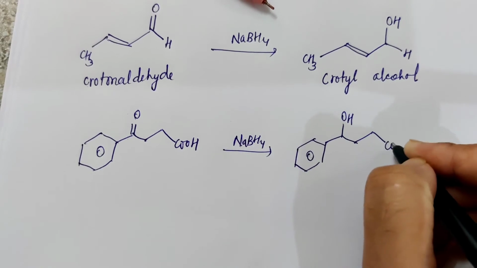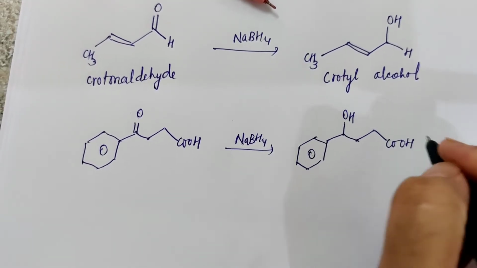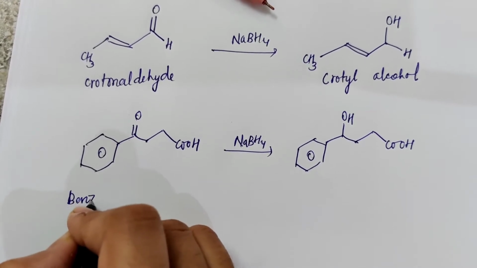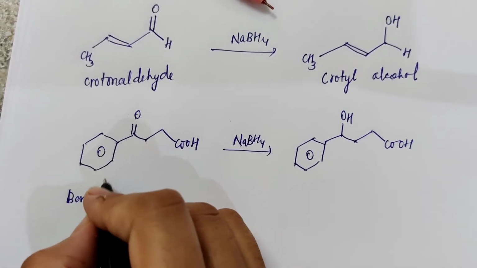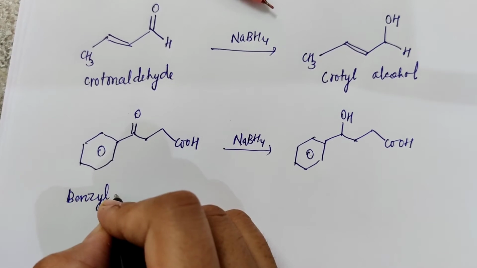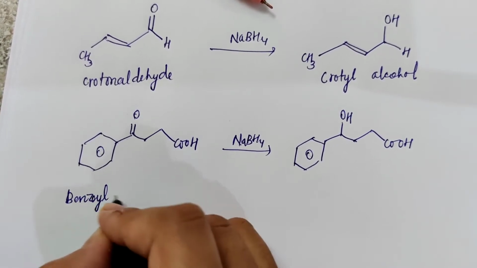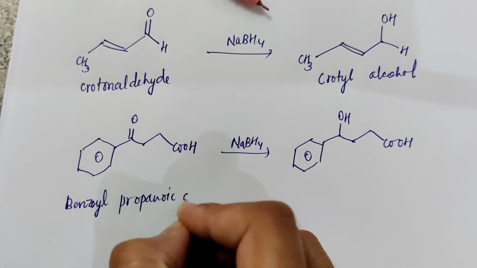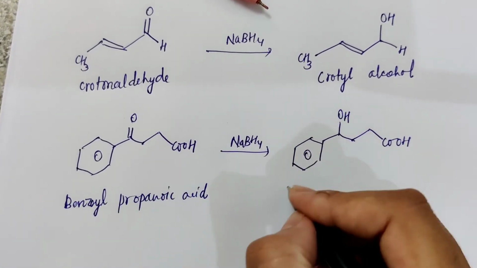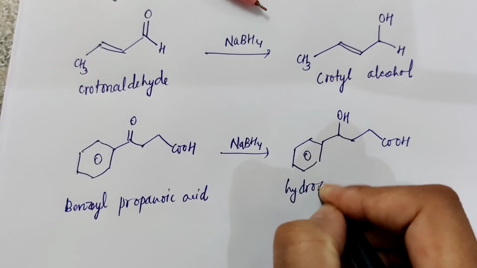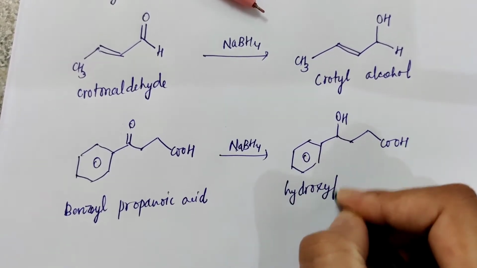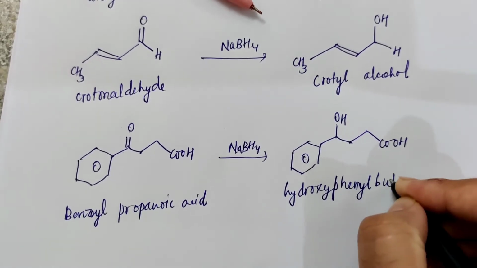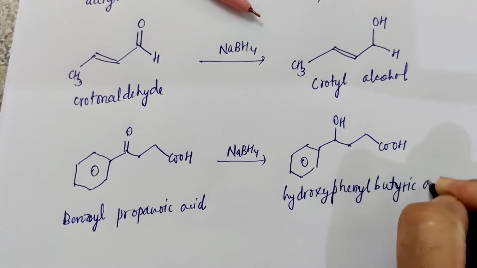There will be no effect on the aromaticity of this benzene ring and no effect on the carboxylic acid. Benzoyl propanoic acid will get converted into hydroxy phenyl butyric acid.